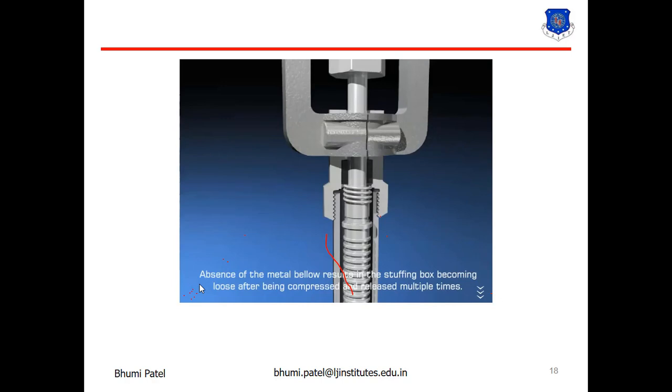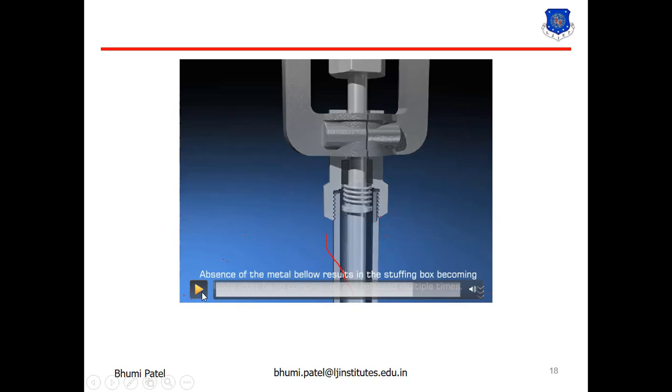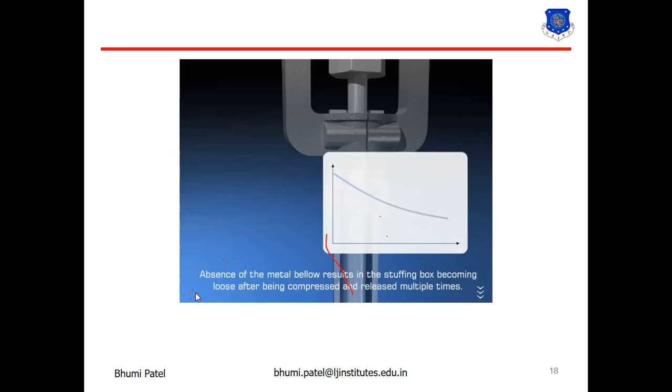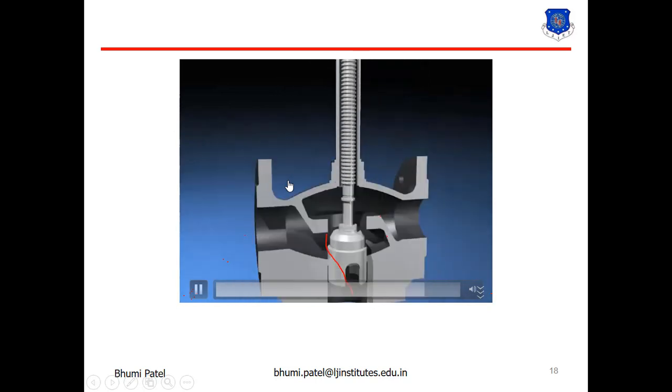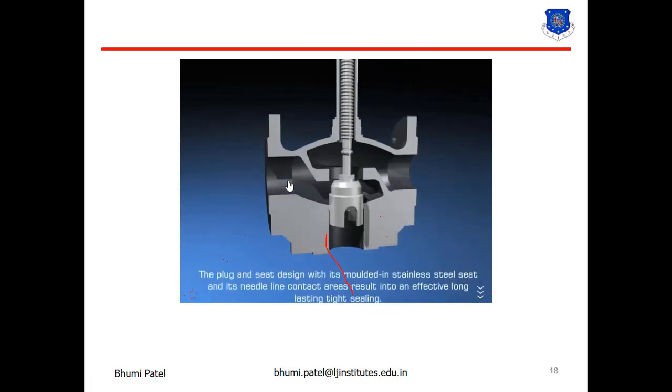Now the absence of metal bellows results in the stuffing box becoming loose after being compressed and released multiple times. The stuffing box is shown in this video. So we can get this type of graph, the orange graph, for this particular three-way valve where a metal bellows is not used.